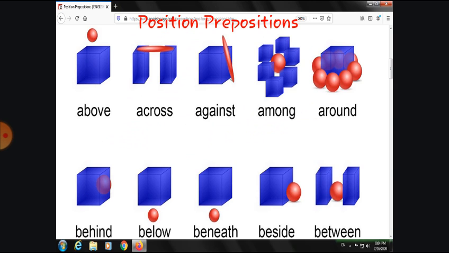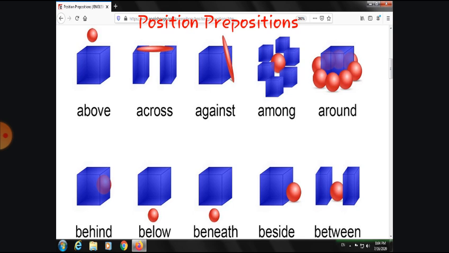In the same way, another type of preposition is the complex preposition, and examples of such complex prepositions are up to, out of, into, onto. So these are the examples of complex prepositions. So dear students, in this way we can use prepositions.